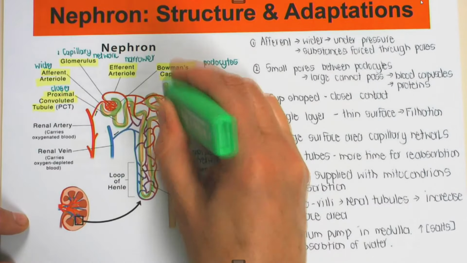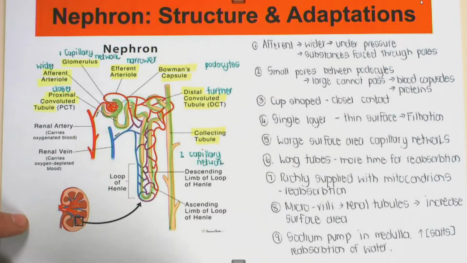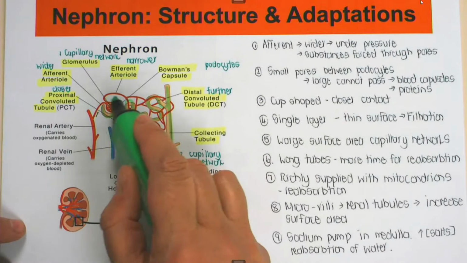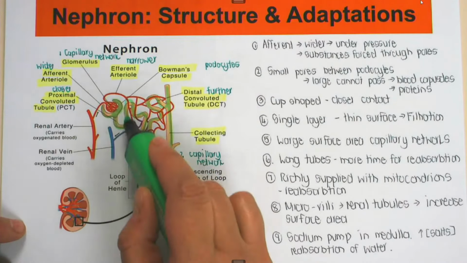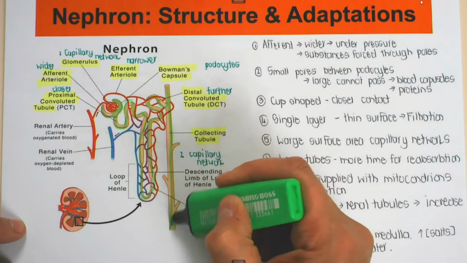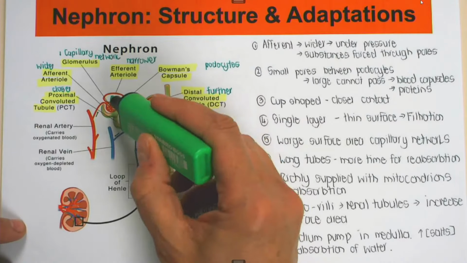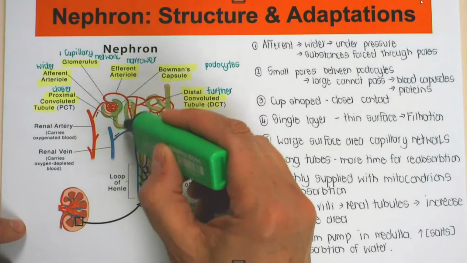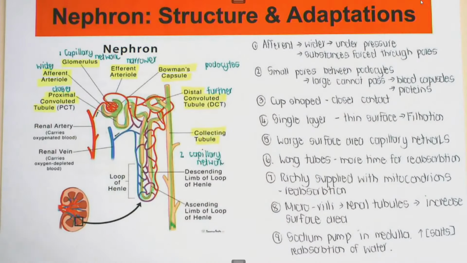There it is, maybe you can see that better. That green structure looks like a head. And then this long tail section goes into this collecting tube. So there's sort of a cup there, and then there's a long tail. Okay, so now we need to name these things.